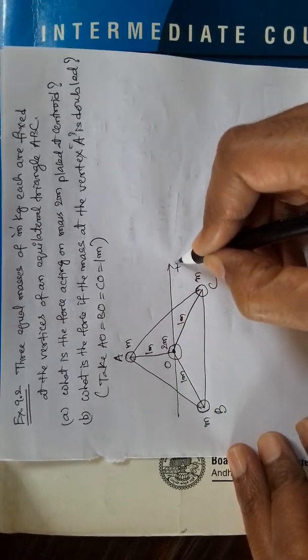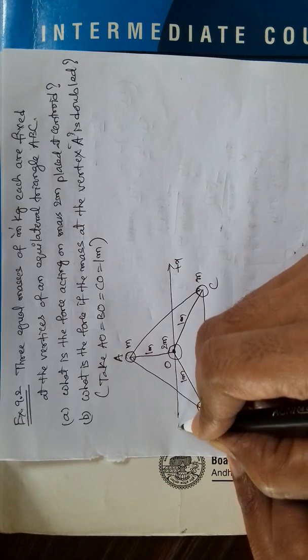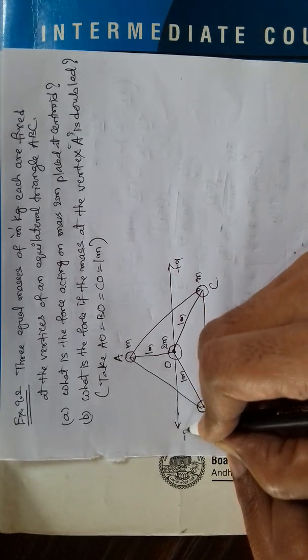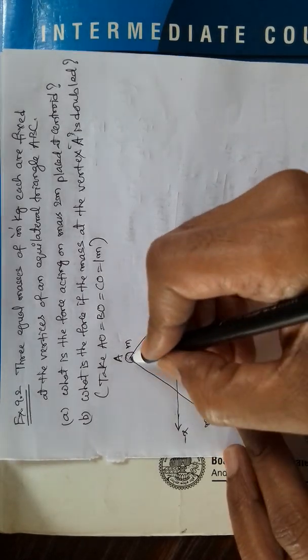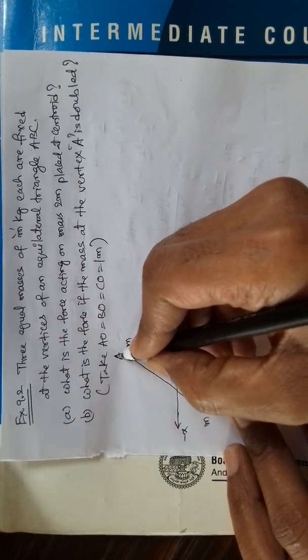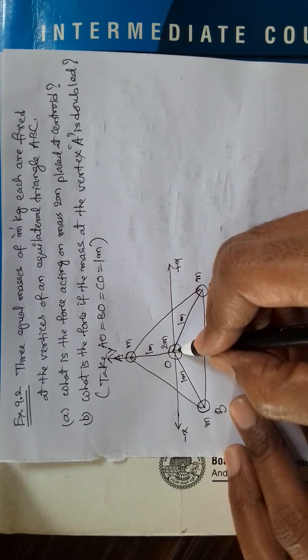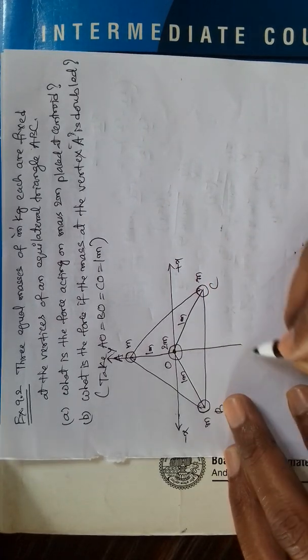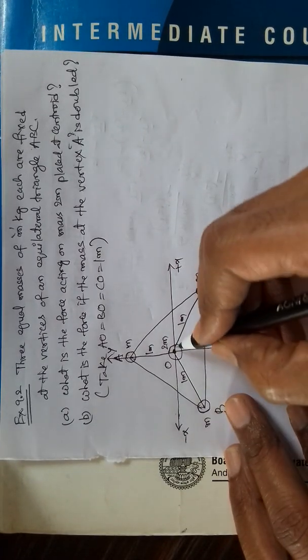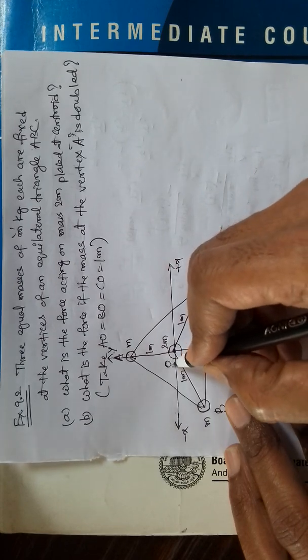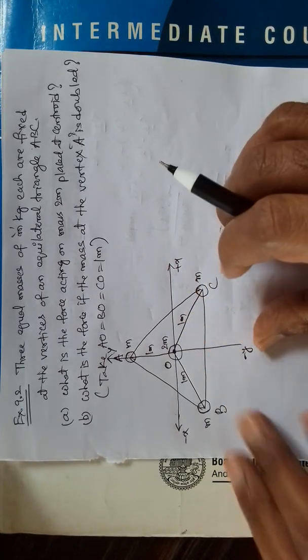This is positive x-axis and this side negative x-axis, and let this be positive y-axis and this is negative y-axis. So the origin is taken at the centroid of the triangle.